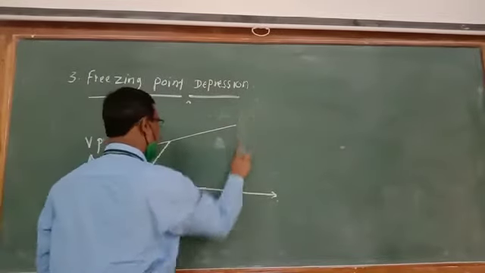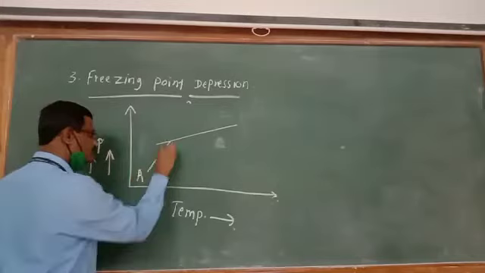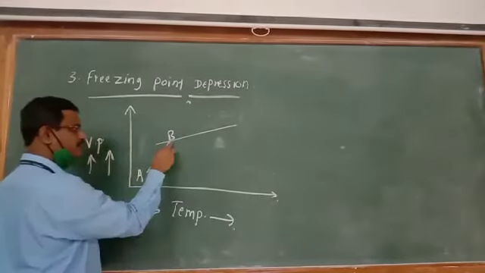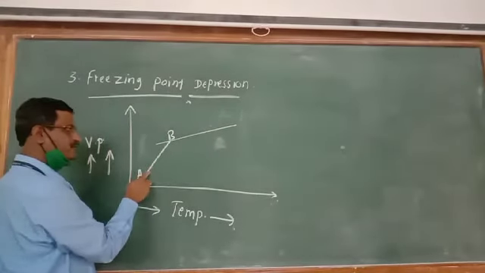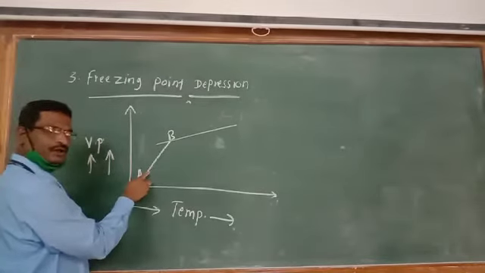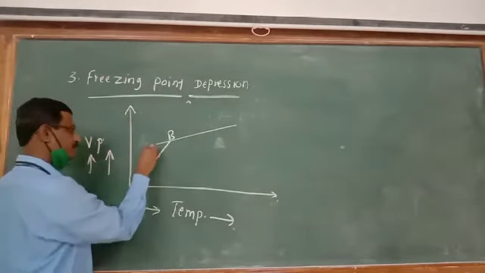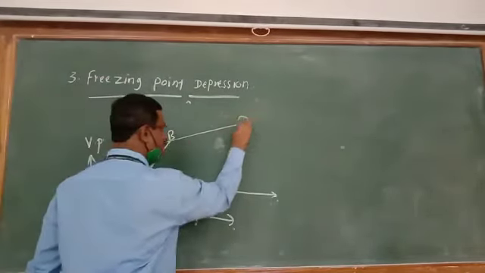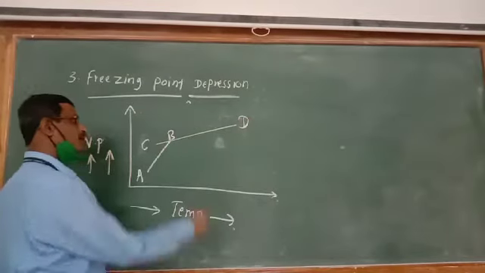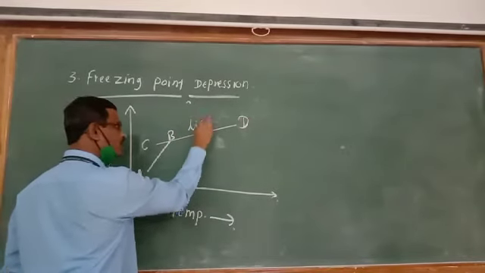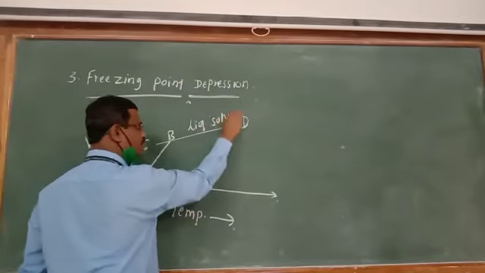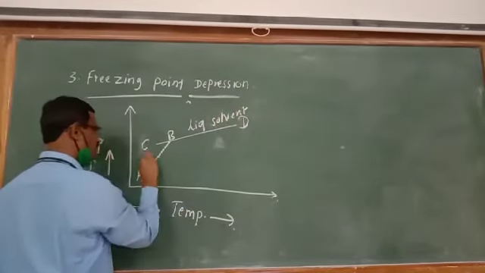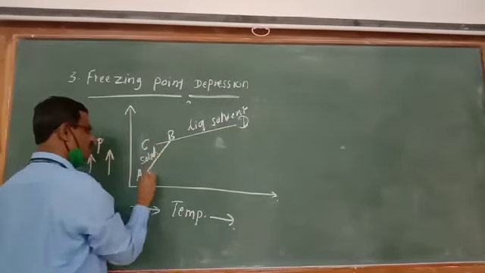There it is, AB, this one. It is representing the vapor pressure temperature curve of pure solid solvent. CD is the vapor pressure temperature curve for a liquid solvent. This is for a solid solvent.